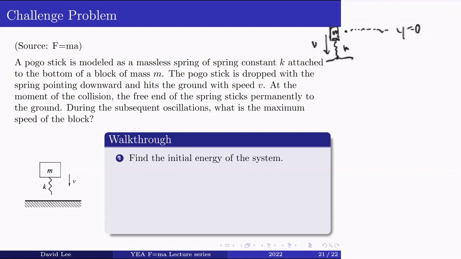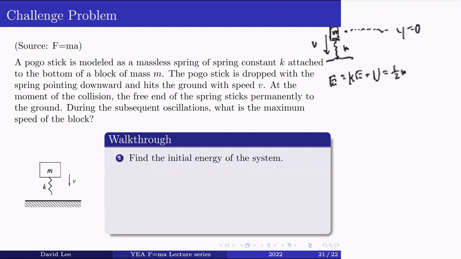Okay, so this actually might be easier than it seems. What we're just trying to do is find the initial energy, which is going to be the kinetic energy plus the potential energy. So what's its kinetic energy?